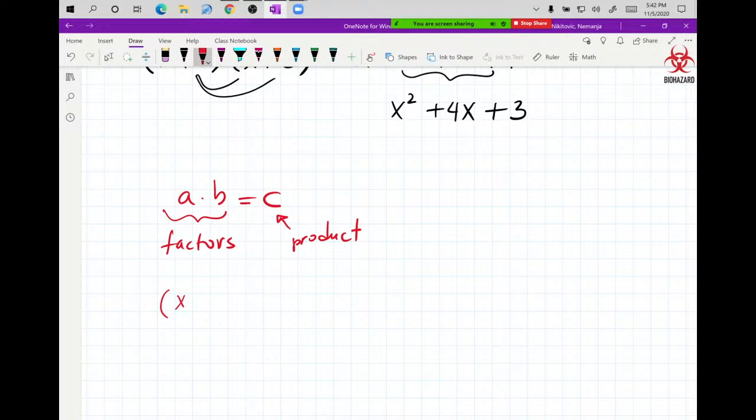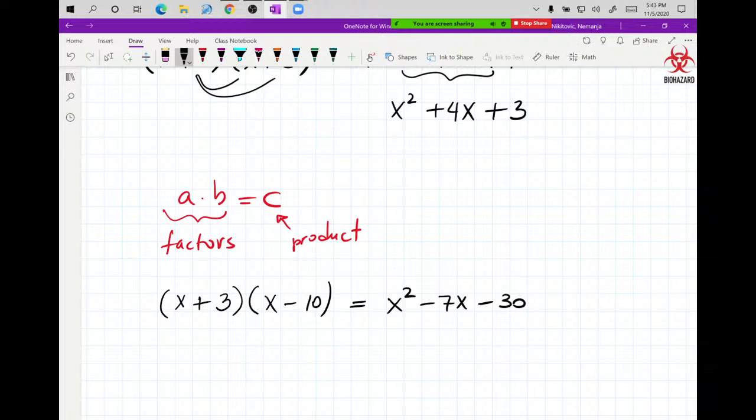If you have, let's say, x plus 3 times x minus, I don't know, 10, whatever, I know the shortcut so I can write the answer immediately. The answer over here would be x squared minus 7x minus 30.